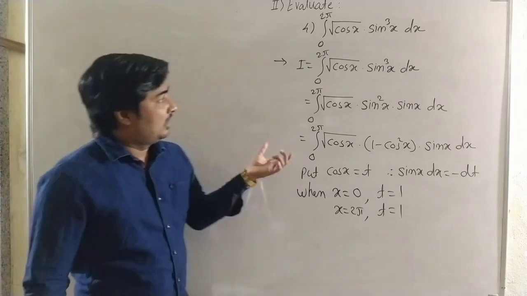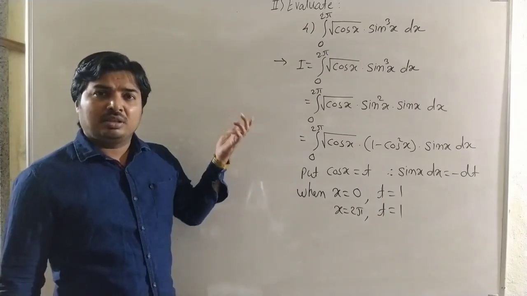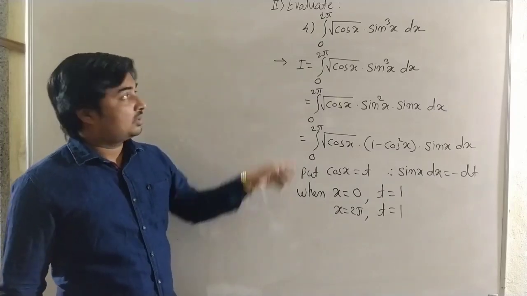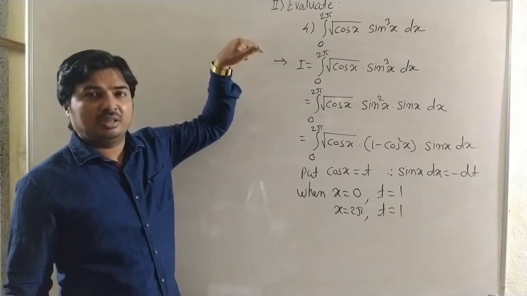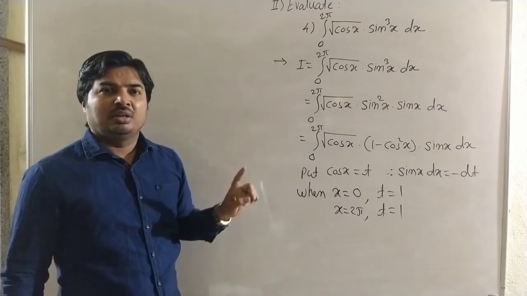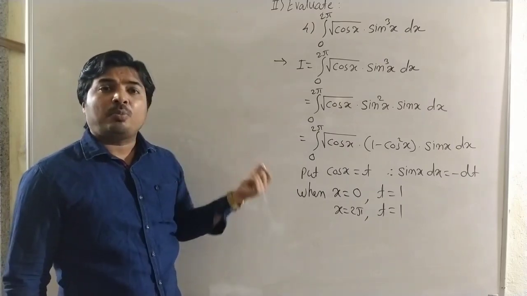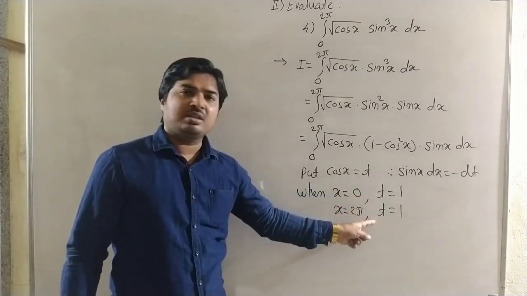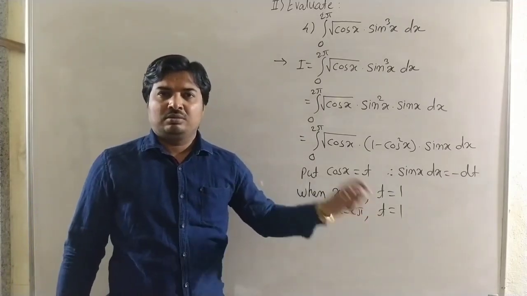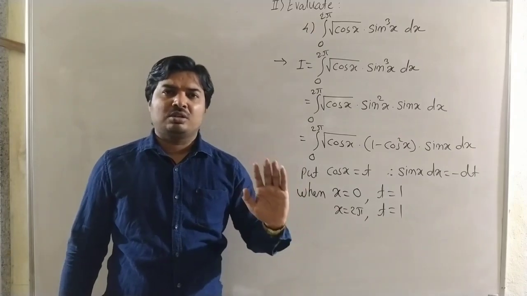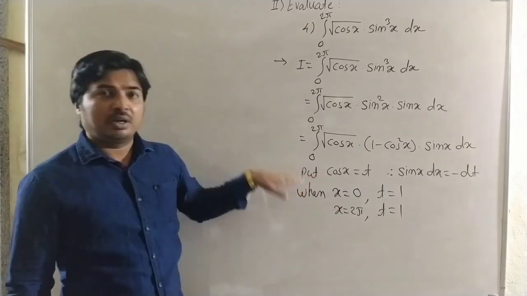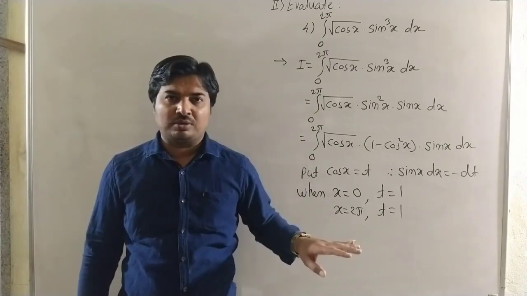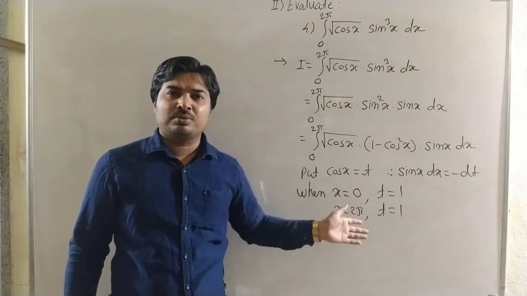You can see the properties of the definite integral after completing this exercise. By the fundamental theorem of integral calculus it is upper limit minus lower limit, and both are the same, so the subtraction gives 0.